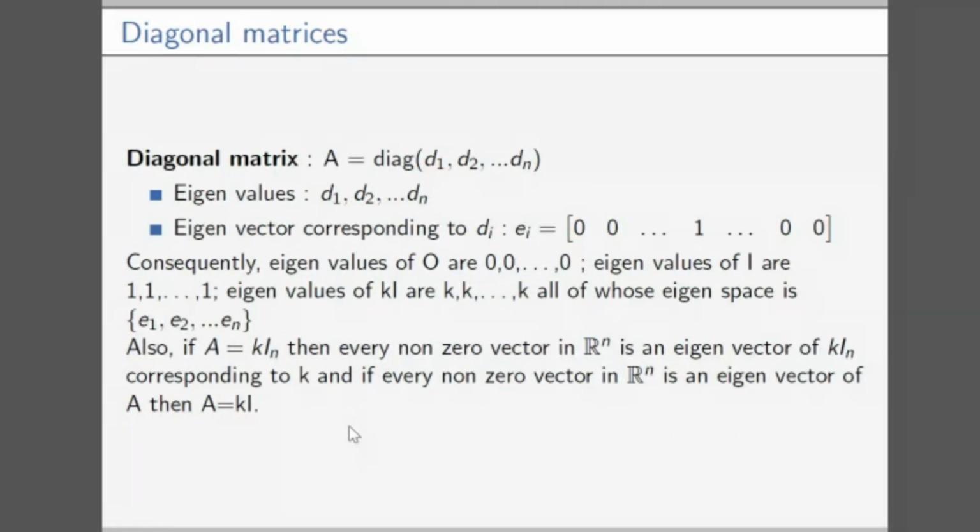That is, if it is given that every non-zero vector in Rn is an eigenvector of A, then A is of the form kIn. And similarly, if A equals kIn, then every non-zero vector in Rn will be an eigenvector of A. It is a necessary and sufficient condition.